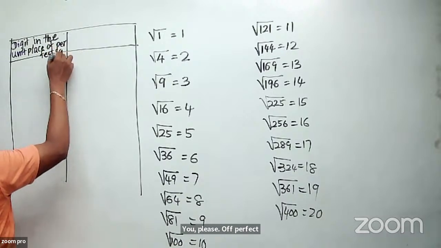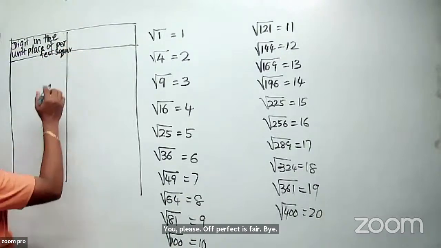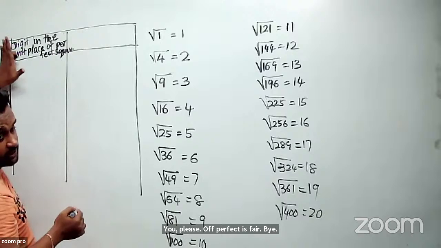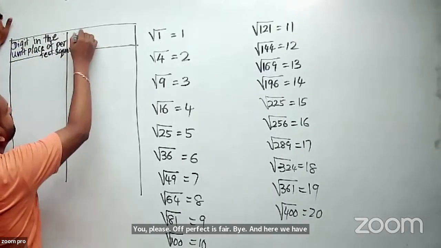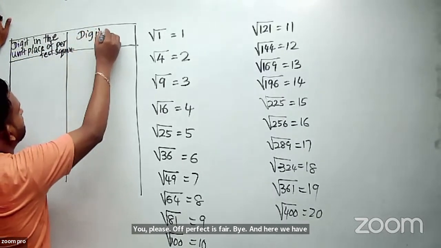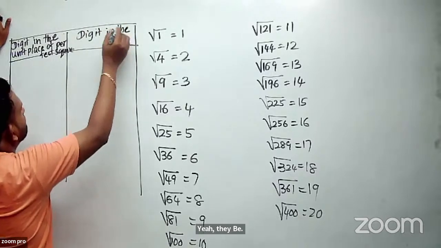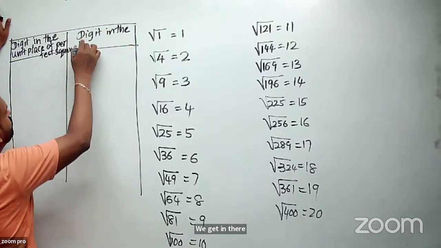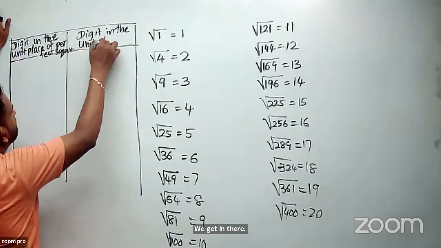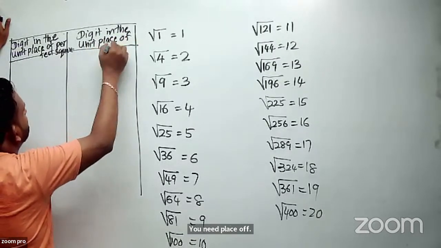And the other column is: digit in the unit place of square root.